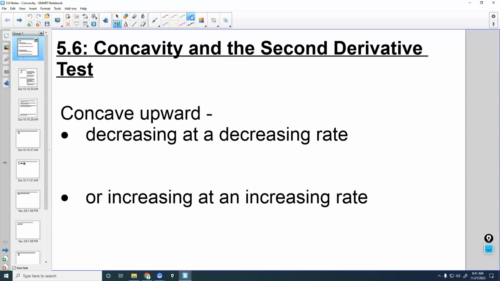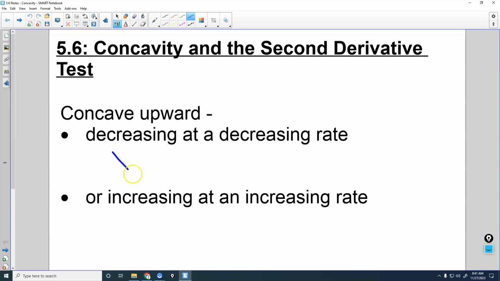It would have to be going down to be decreasing, right? It definitely would not just be a straight line like that. That would be decreasing at what kind of rate? Constant rate, because it is just going down at that same rate the whole time. A straight line is a constant rate of change.